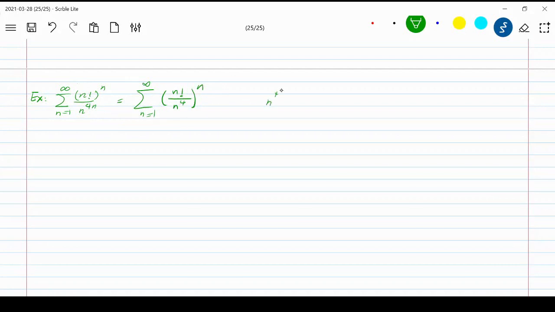N to the 4 to the power n is basically the same as n to the 4n. This is the same as the denominator. I just wrote it this way to show you that this is exactly the same. If you could write one term, one series, to the power n, in these cases the best choice of action is the root test.